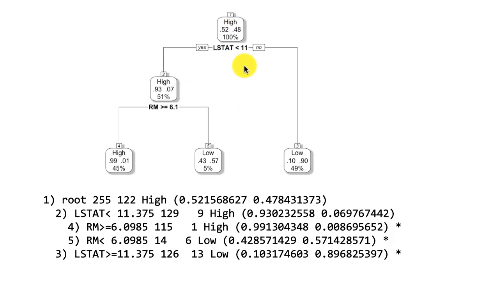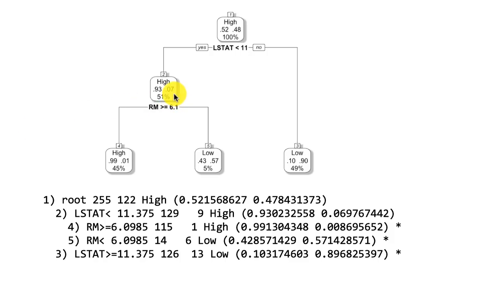Okay, and then beneath every node, it tells you which variable, which attribute, and at what level the split was taken. So this tells us that this split occurred on the attribute named lstat, and values less than 11 went to the left, and values greater than or equal to 11 went to the right. So that's fine. And it also tells us what proportion of the total number of cases coming in went into each node. So for example, all 100% obviously went to the root node.